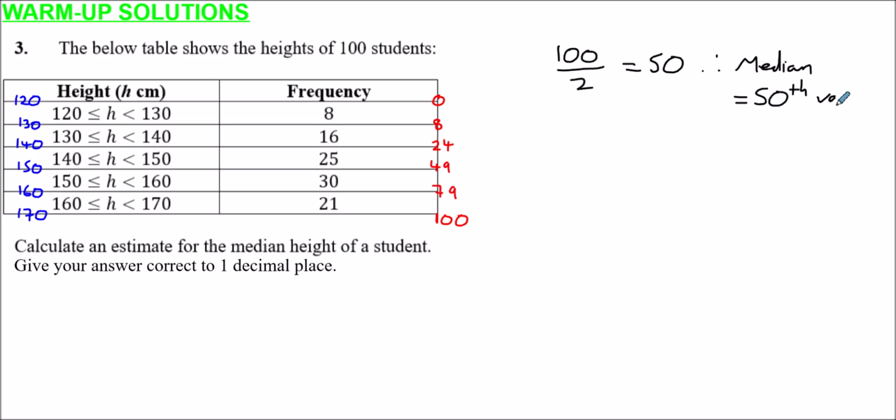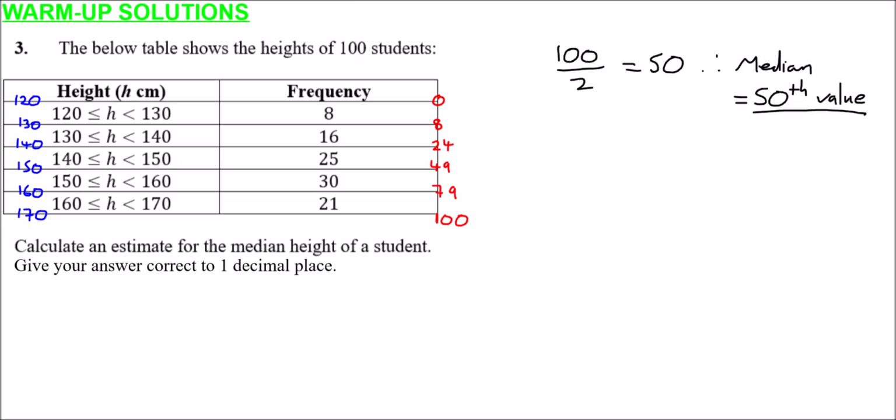It's now a question of whereabouts does this 50th value lie. So we look at these cumulative frequencies and keep going until we get to a number which is less than 50 at one end and then more than 50 at the other. So basically between which two numbers is 50 in between. You can see here 50 is more than 49 but less than 79.